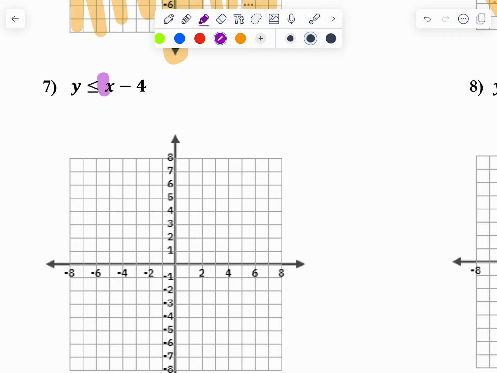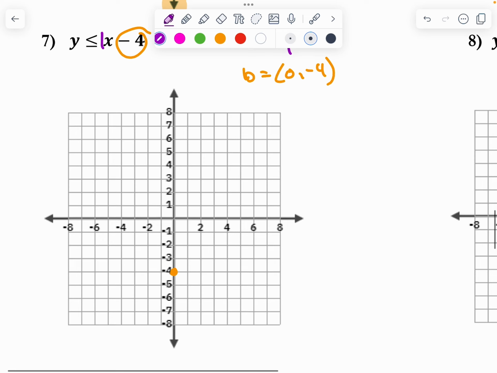So this, right? I know you can't see it, but it's there. How many x's do we have? We have 1. So m is 1 over 1. B is -4, so 0, -4. First point. 1 over 1 means we go up 1 over 1 continuously.